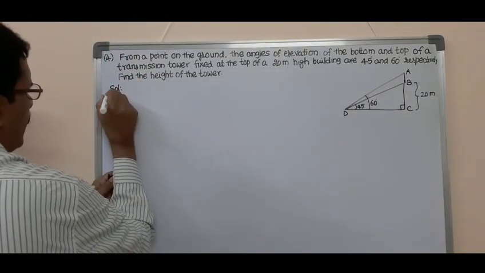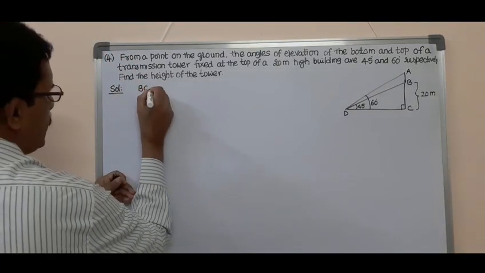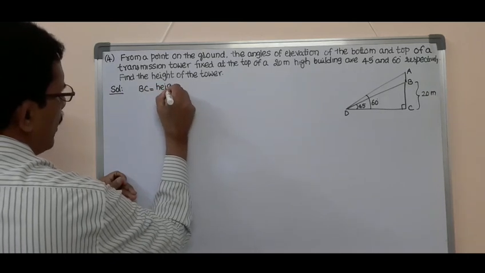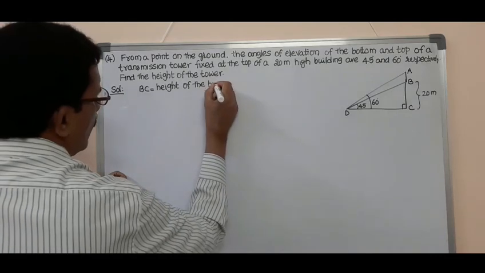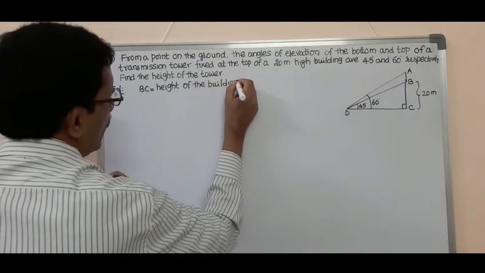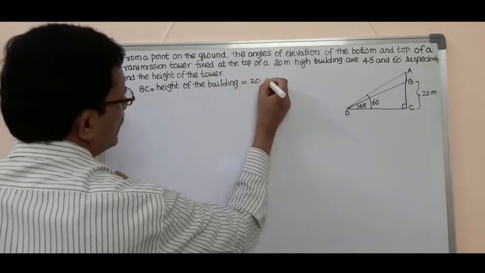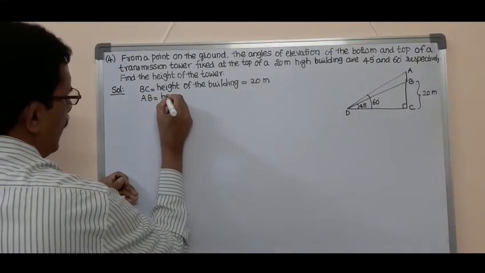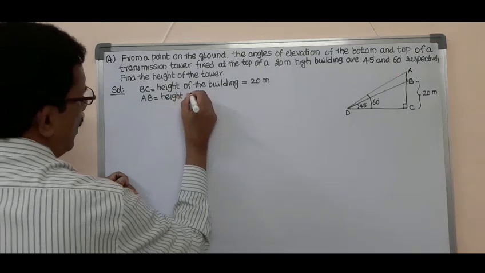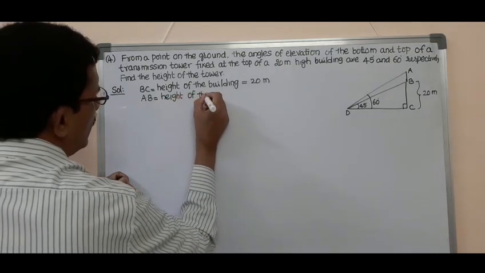Solution: BC is equal to height of the building, that is 20 meters. AB is equal to height of the tower.